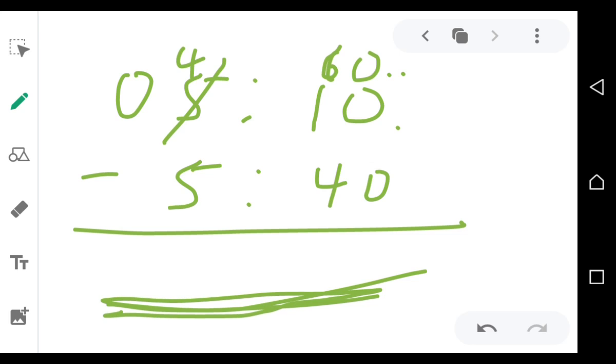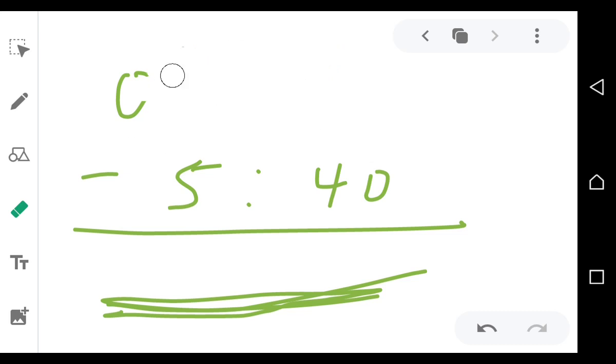We have to change the time. I shouldn't have put 0510. It's not going to work, so we're not going to use this time. Let's say the person started off at a different time.